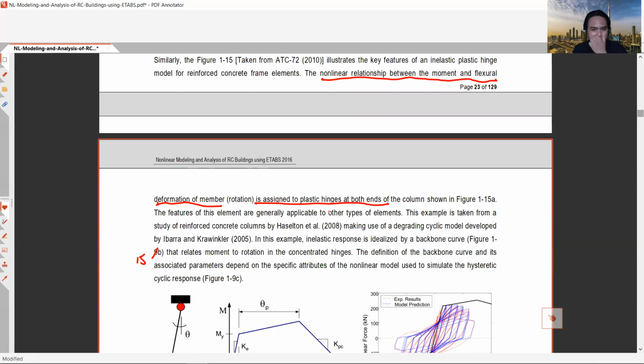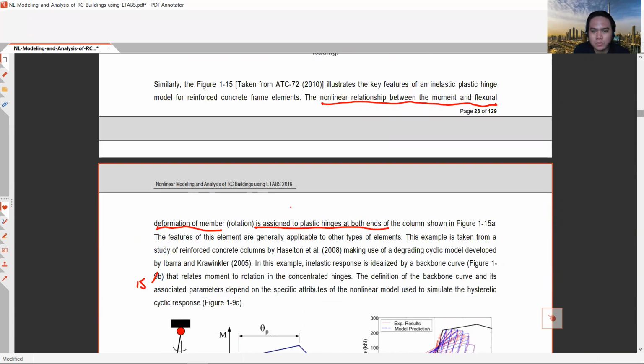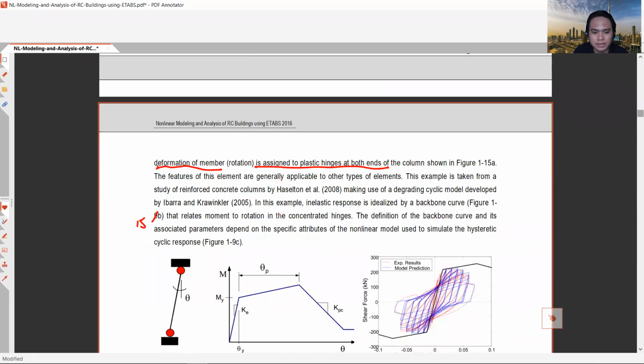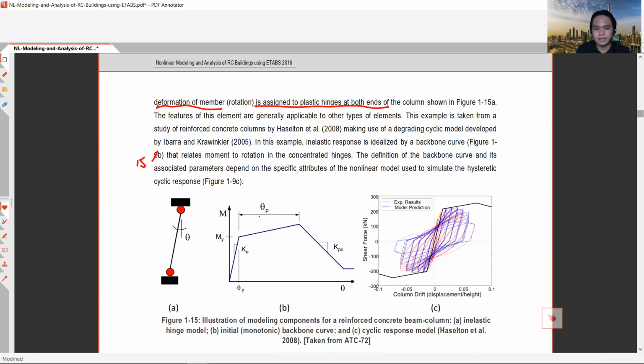Okay, so ibig sabihin, yung moment and the flexural deformation is the plastic hinges, plastic moment at those ends. Okay. So, as you can see, tama. Kasi di ba in steel design, the MP, the plastic moment, is greater than MY, di ba?